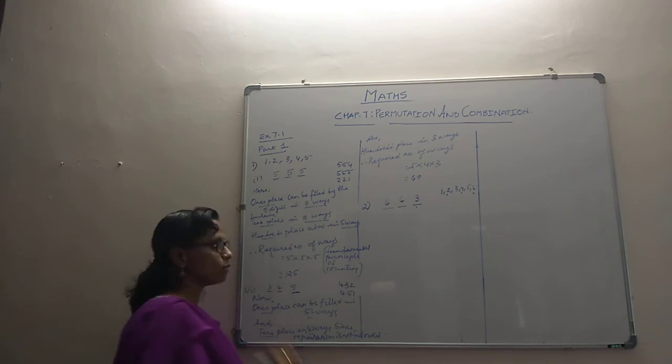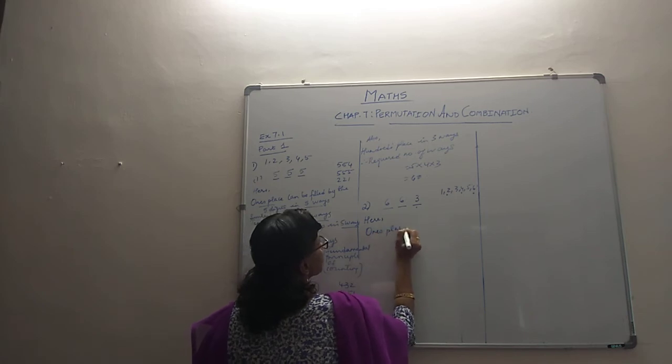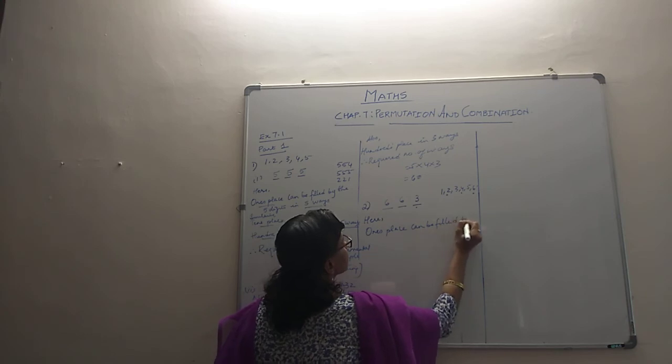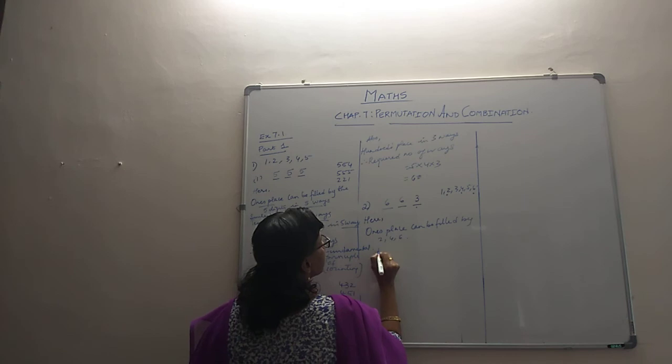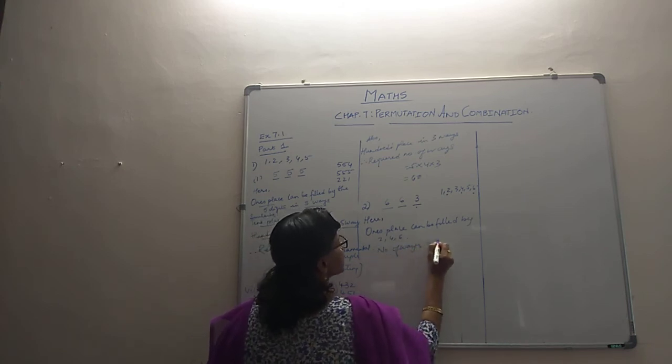So let's pen it down. We'll write here, ones place can be filled by 2, 4, 6. Therefore, number of ways is 3.